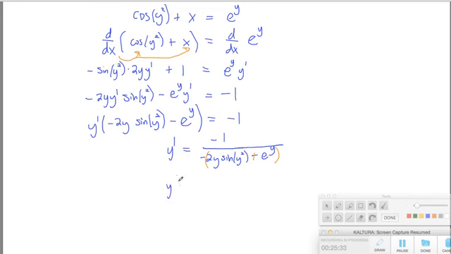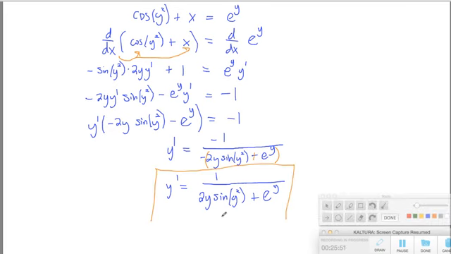So you could rewrite this to make it look better as 1 over 2y sine of y squared plus e to the y. So that's the derivative of that one.